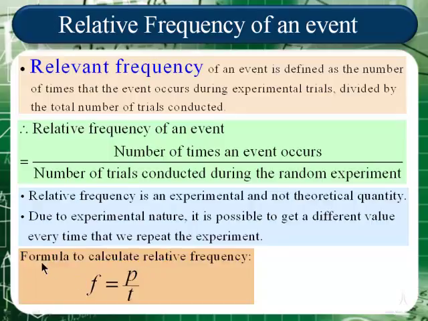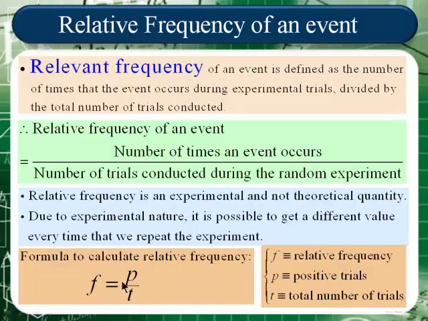As a formula, we can express it in this particular form, where F is the relative frequency, P is the number of positive trials, in other words the number of times that an event occurs, and T stands for the total number of trials. So this is the formula that we can utilize to calculate the relative frequency.